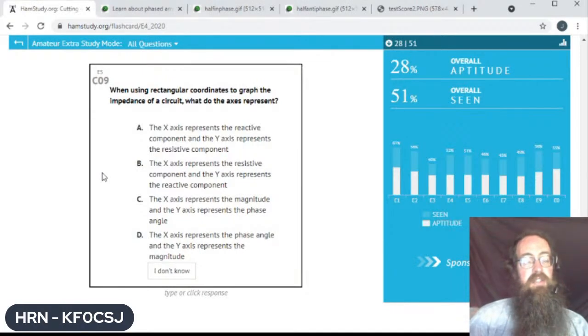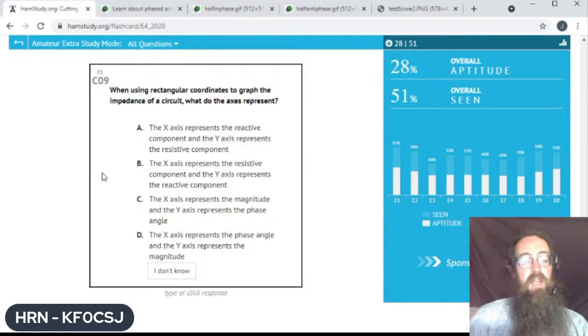E5C09, not 08. When using rectangular coordinates to graph the impedance of a circuit, what do the axes represent? A, the x-axis represents the reactive component and the y-axis represents the resistive component.